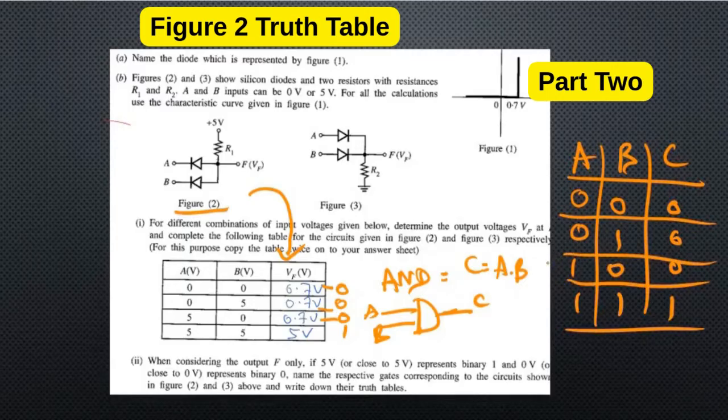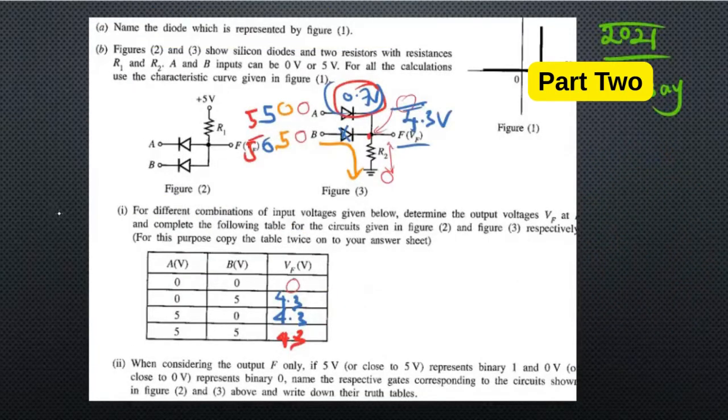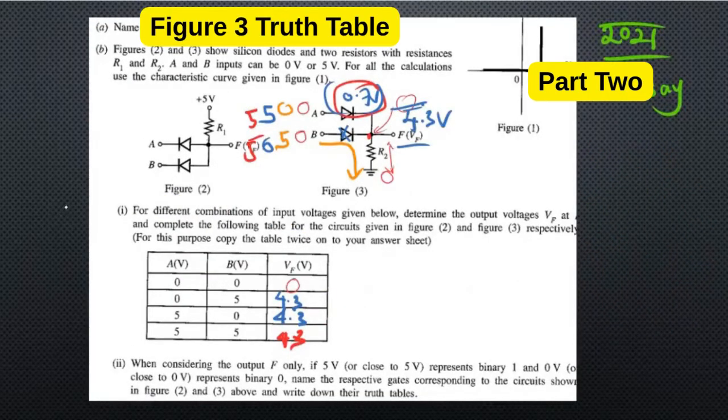Let's move into the next one. Right students, this is the second one, figure 3 actually. In figure 3, 0 of course we can take as 0, and 4.3, which is closer to 5, we take as 1, 1, 1. So obviously, if you have studied, students, you know this is the OR gate, right?